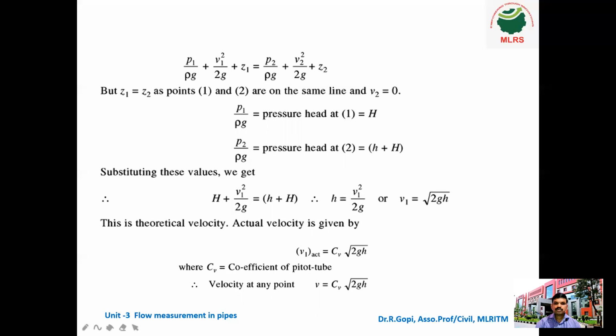The root 2gh is the theoretical velocity, so actual velocity is equal to Cv into theoretical velocity, where Cv is the coefficient of the pitot tube. So the velocity at any point, V actual, is equal to Cv into root 2gh. This is the formula.